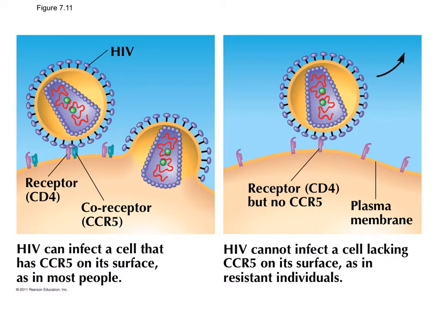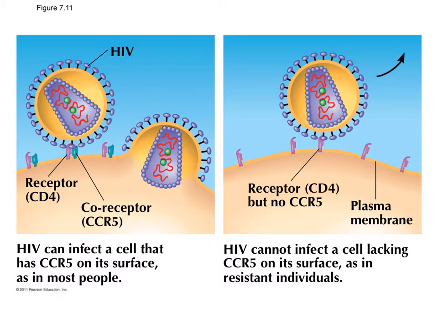An interesting application of this receptor idea is with HIV. HIV is a virus. It has an envelope on the outside and has these glycoproteins on the envelope. And those glycoproteins recognize two different protein receptors on the white blood cells. So they bind CD4 and they bind CCR5.